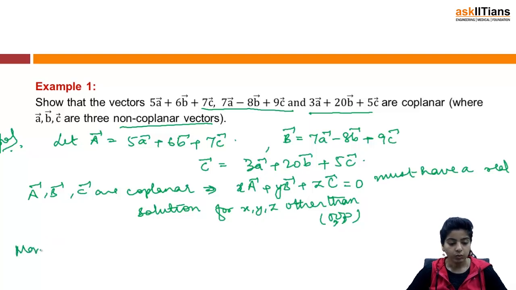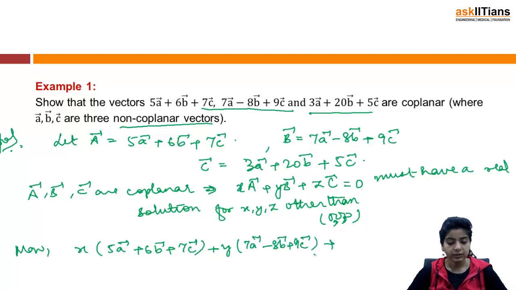Now, xA is x(5a plus 6b plus 7c) plus yB would be y(7a minus 8b plus 9c) plus z(3a plus 20b plus 5c) equal to 0.